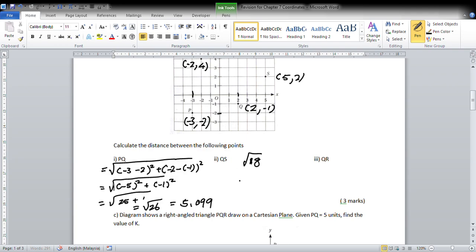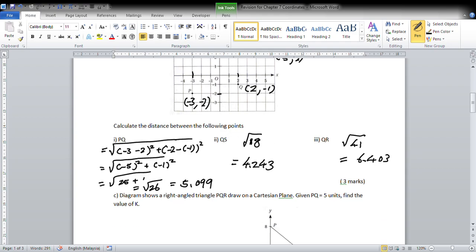But here I give the final answer for you all to check. The final answer will be 4.243, and for the other one, QR, it will be square root of 41. The final answer is 6.403 units. I hope you can do it by yourself. Don't copy the answer. You have to do it step by step for practice.